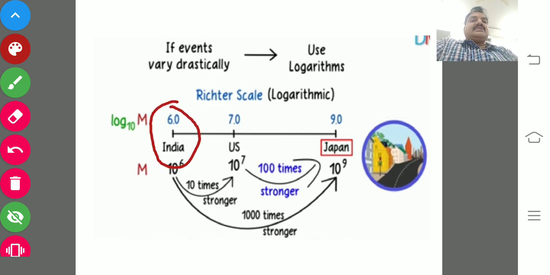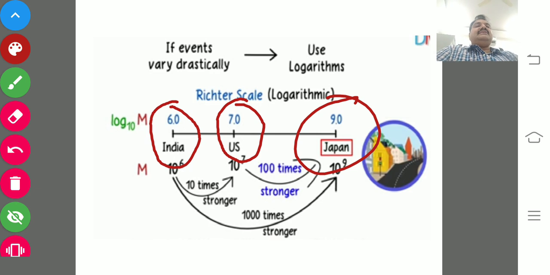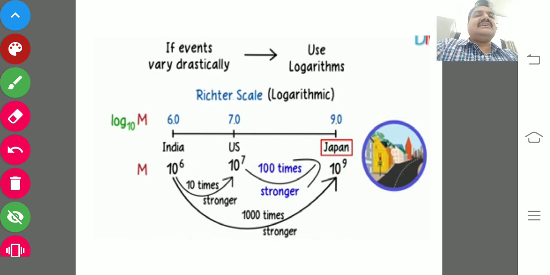In India 6.6 was recorded, in US 7.0 was recorded, in Japan 9.0 was recorded. Generally 6, 7, 9 are not simple numbers. The difference between 6 and 7 is only 1, between 6 and 9 only 3, between 7 and 9 only 2.